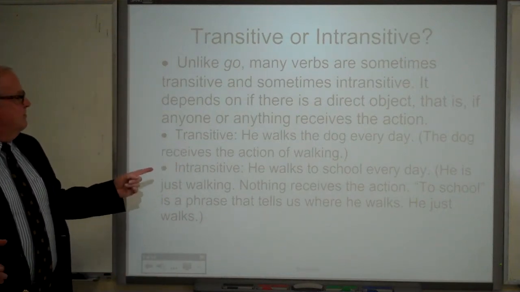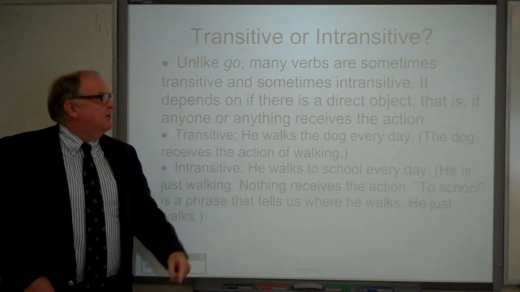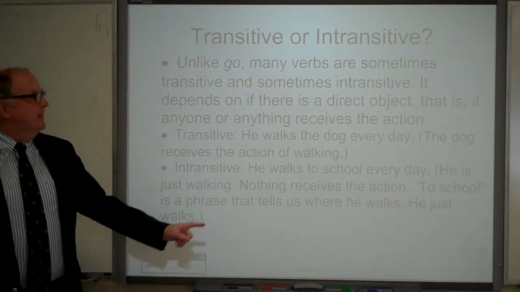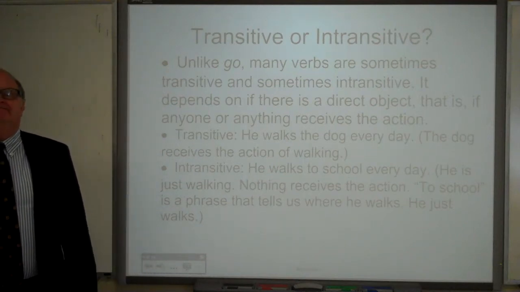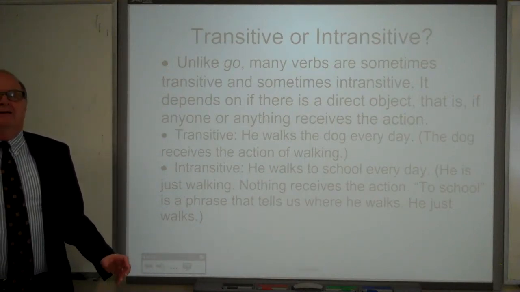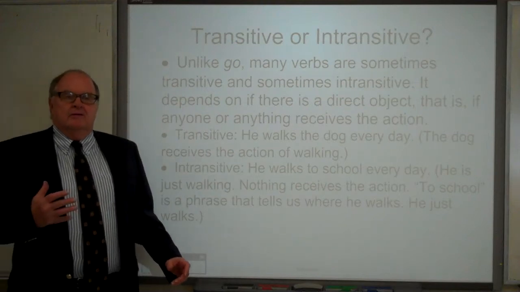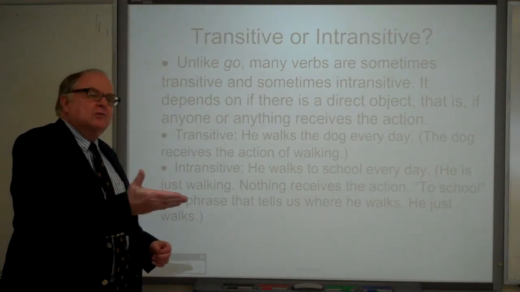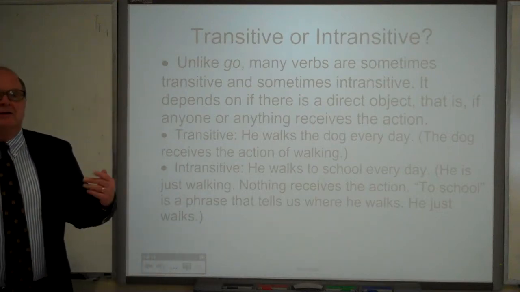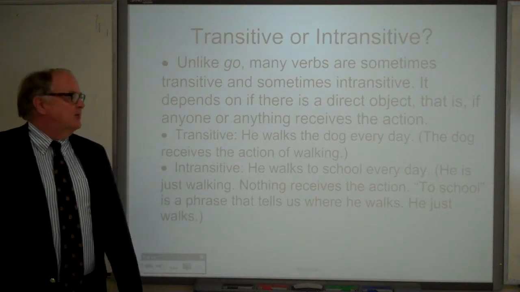Here is a simple example. He walks the dog every day. In this sentence, walks is transitive. He is doing the walking to something else. He is walking the dog. The dog is receiving the action.